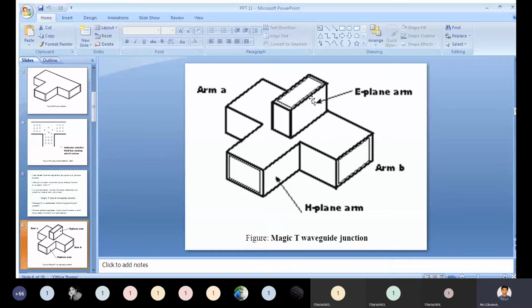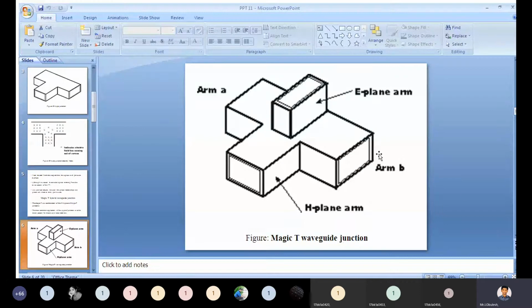It will be divided into 2 out of phase components. It passes into the legs consisting of the A and B arms.